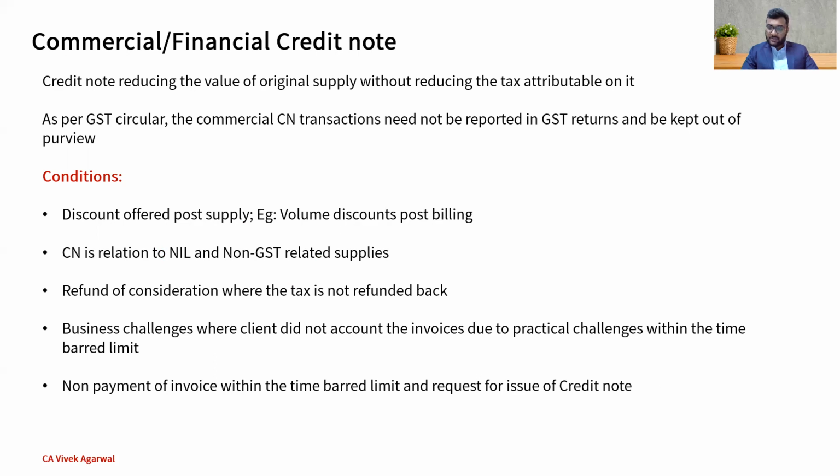In our example, if my financial year is April 19 to March 2020, the time barring limit is 30th of September 2020. So a credit note reducing the value of the original supply without reducing the tax attributable on it is called a commercial or a financial credit note.